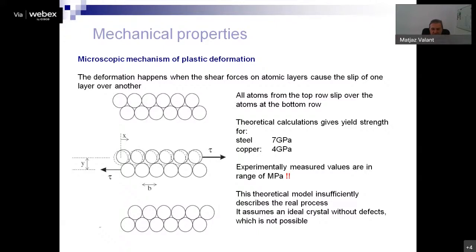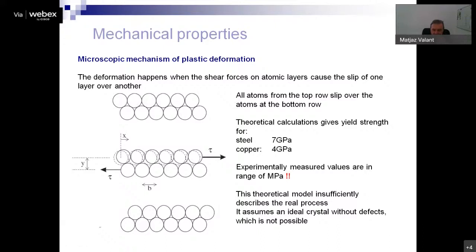So we will try to microscopically describe the plastic deformation. One first picture that we can imagine is that, in let's say a metal, in a structure with atoms of the same kind, we have different layers of atoms.